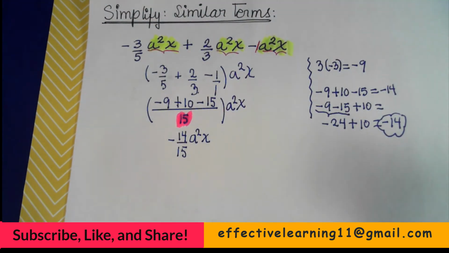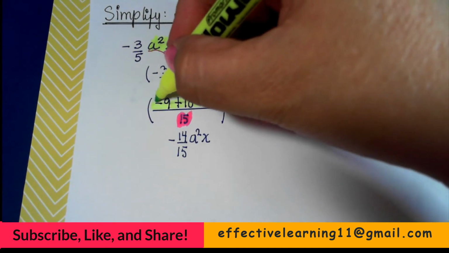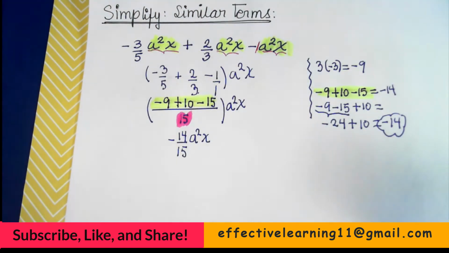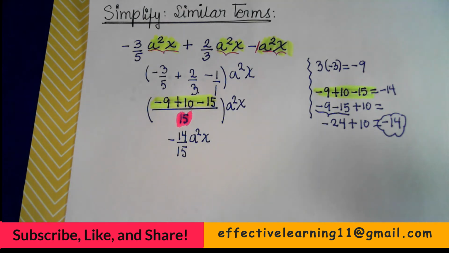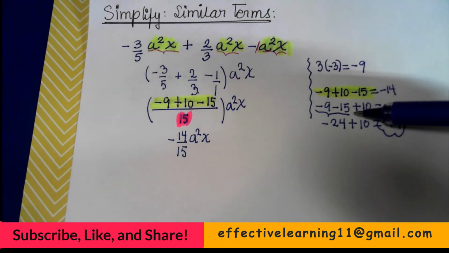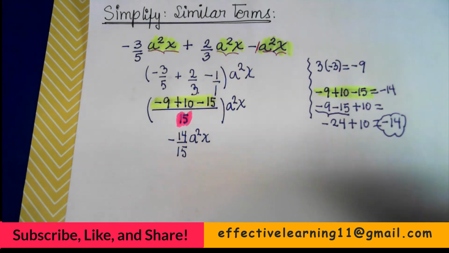Now we have to see how to operate without any mistakes. All of this numerator, we work here. So to work in this case, I recommend you organize and write down, like I did here, negative 9 and negative 15 together, and after plus 10. Because negative 9 with negative 15 you have to add. So it's negative 24.